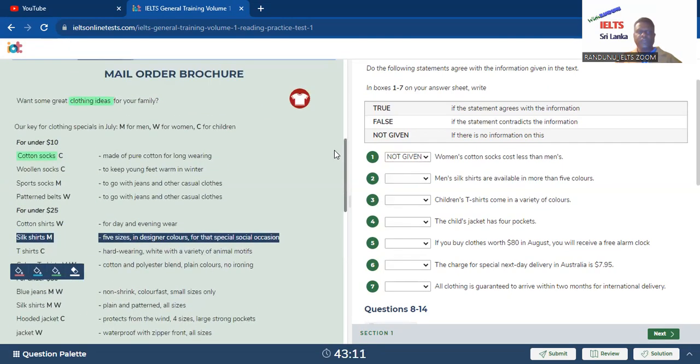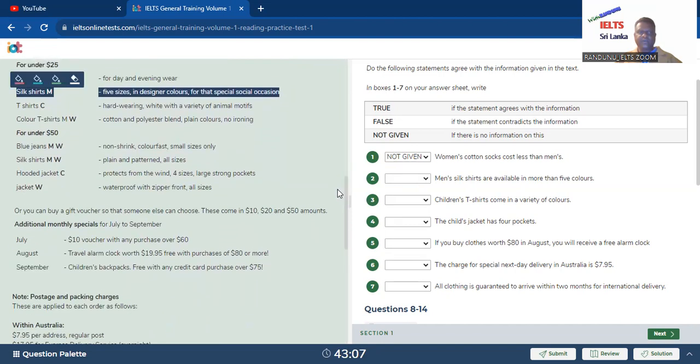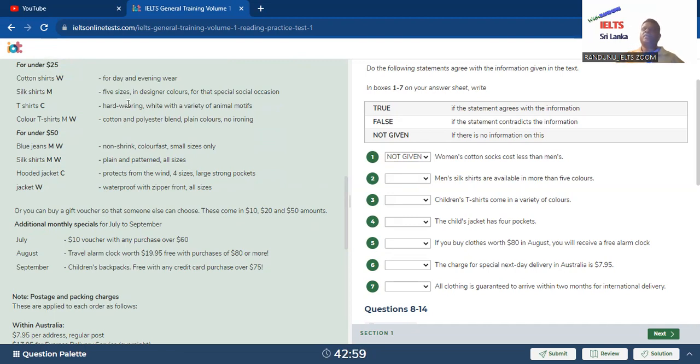Now see, you don't need to read any of these things here. I'm just closing that area. Because questions and the information in the passage, they are in same order. What's the answer?